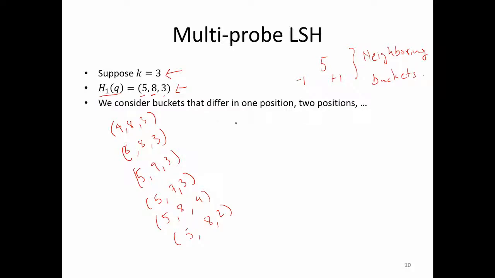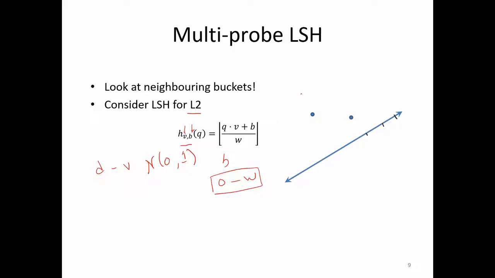Okay, so what is this notion of neighboring buckets? At least in the case of this hash function, the notion of a neighboring bucket is very clear. If your projection is falling into some bucket, which is the idea here of hashing, then this is one neighboring bucket and this is another neighboring bucket.